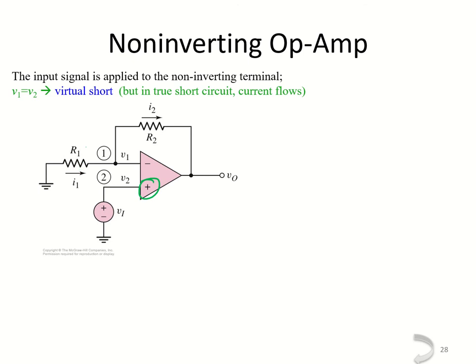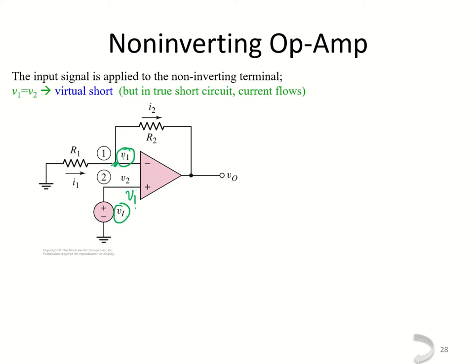In this case the procedure is the same to get the output. There is no difference. So we know that this is a virtual ground. Now here we have the voltage V1, so it means if we have V1 here, at this point we also have V1.